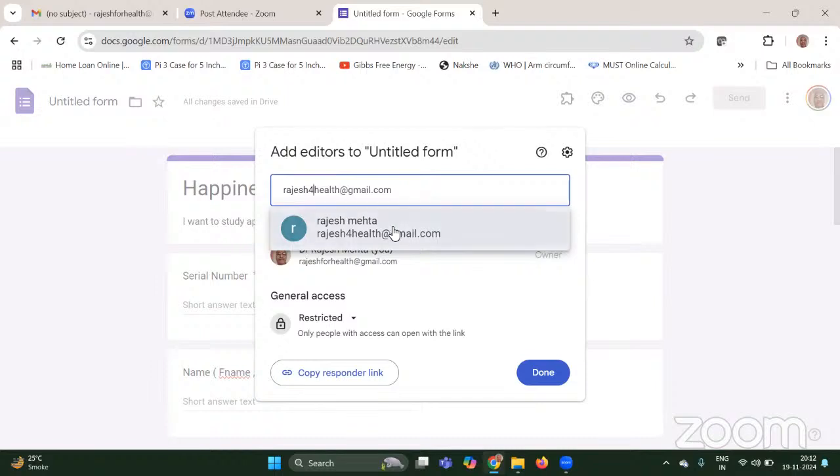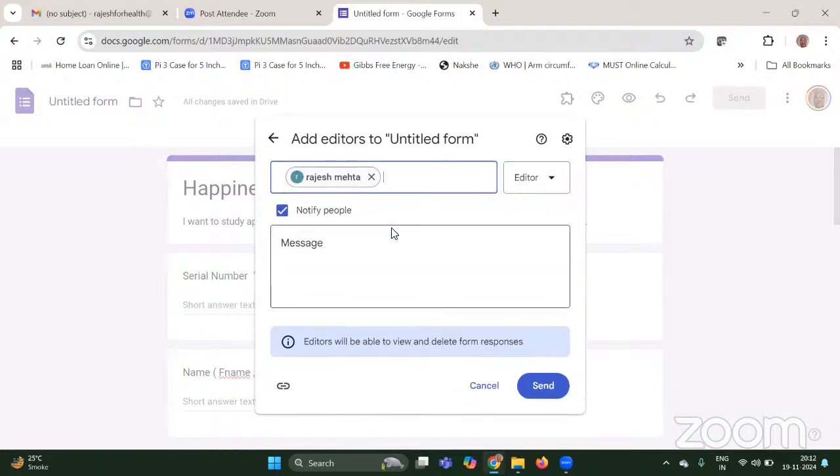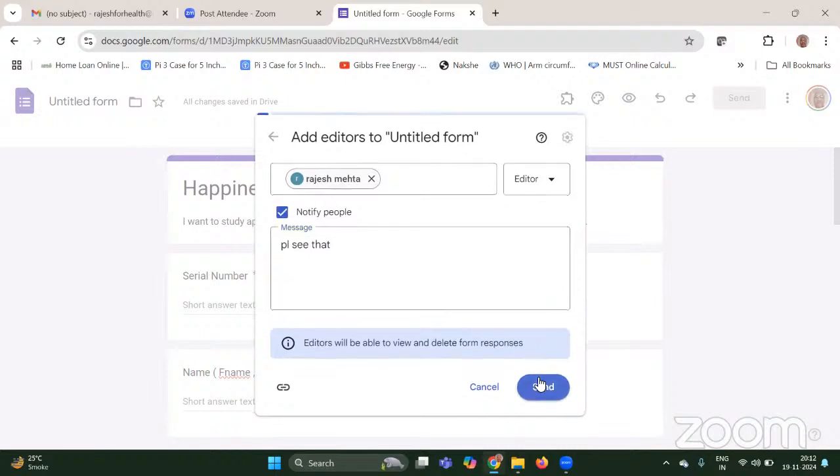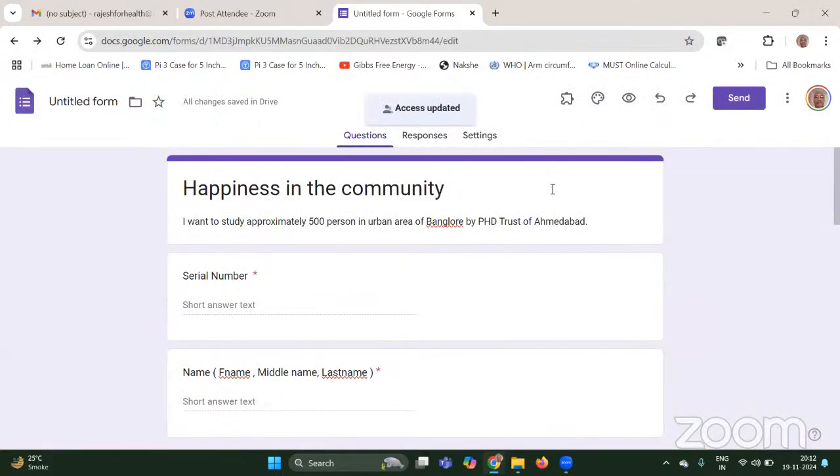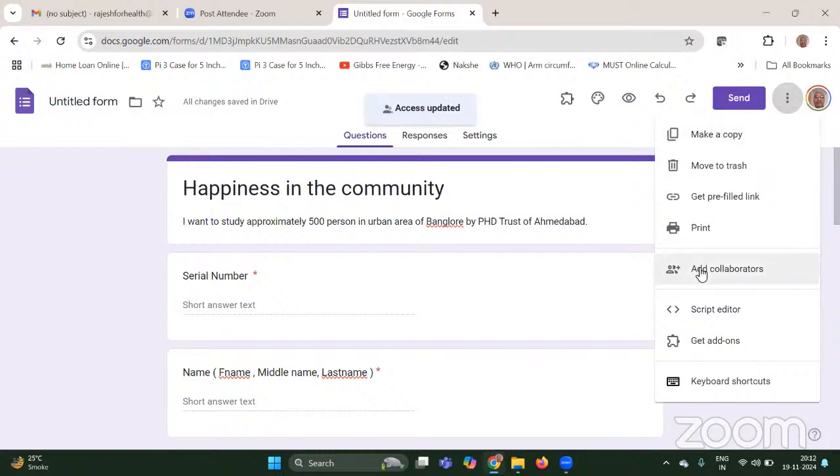I can add, and I can also ask him to do something. Please see that I have made you a collaborator, like this. I can send it over here. And the person will be able to edit because we have written editors, right? So you can add other collaborators also.